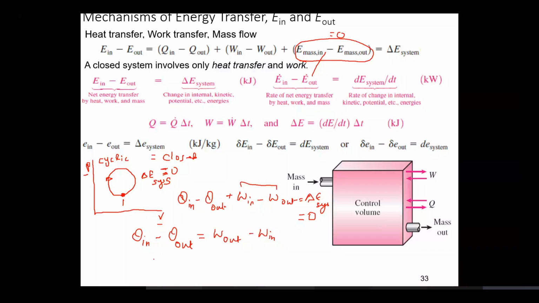Yes, sir. All right, I can write this expression, which says Q in minus Q out, as Q net into the system is equal to work net out of the system.